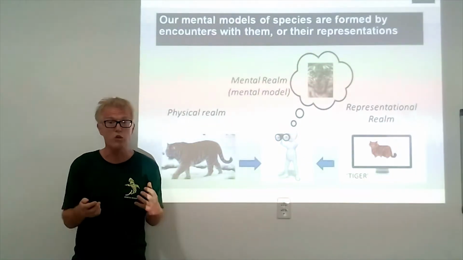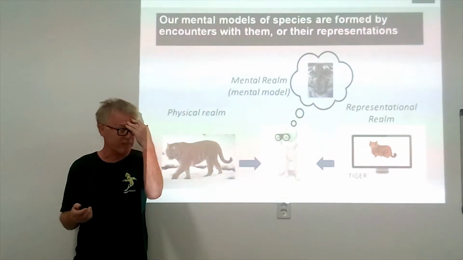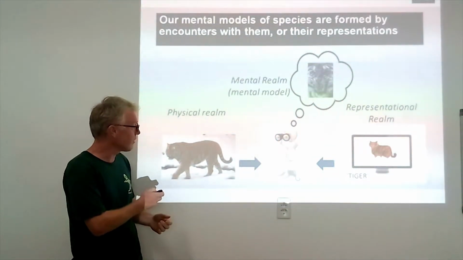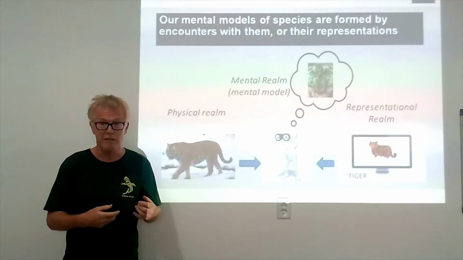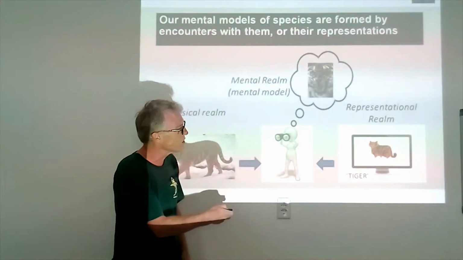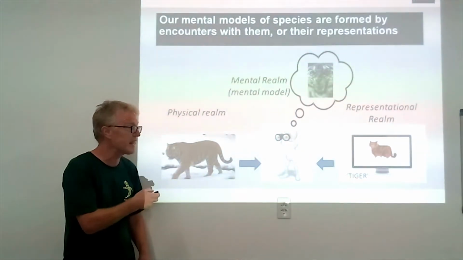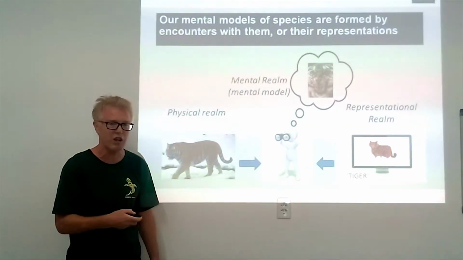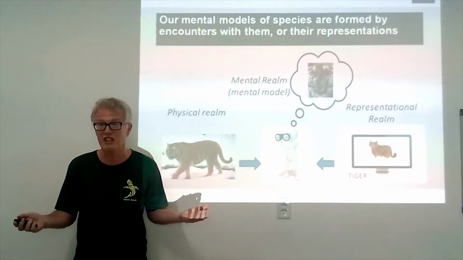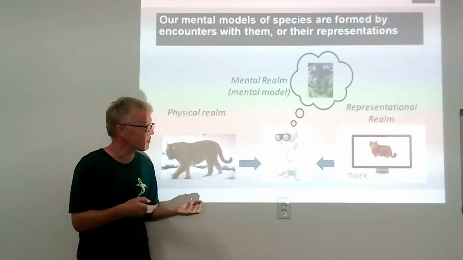Everybody who knows what a tiger is has a mental model of a tiger. And that mental model could be influenced by physical encounters with it, but more often than not, it's influenced by encounters with representations of tigers. I've seen tigers in the zoo, but I've seen a lot more tigers on television or in books.